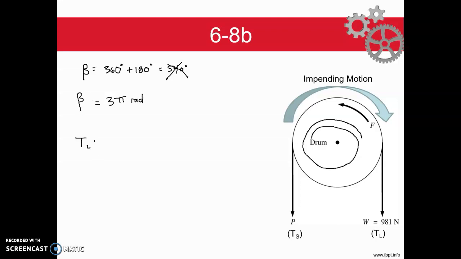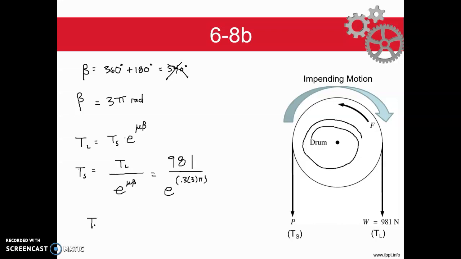So again, our TL is equal to Ts times e to the mu beta, which means that our Ts is going to be equal to TL divided by e to the mu beta. So that's going to be equal to 981 divided by e to the power of 0.3 times 3 pi.